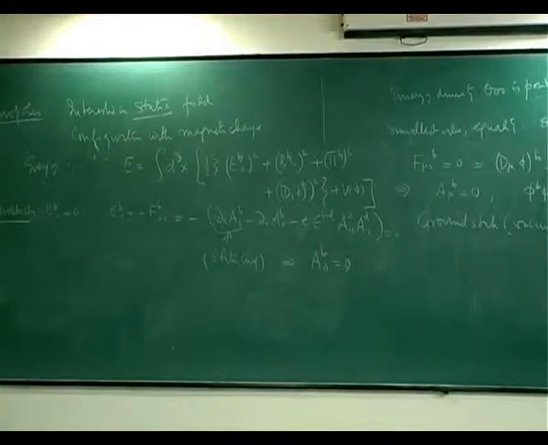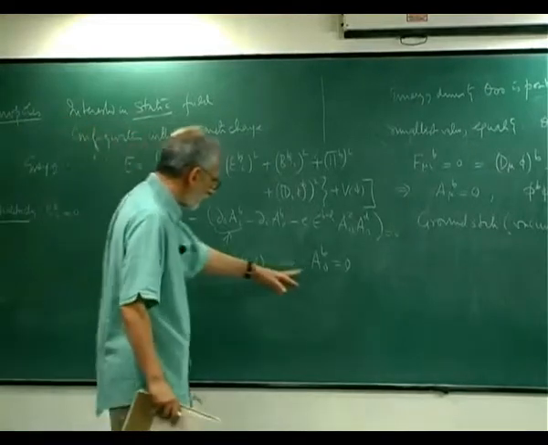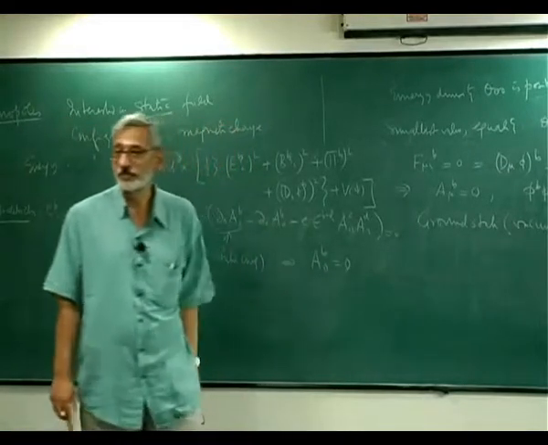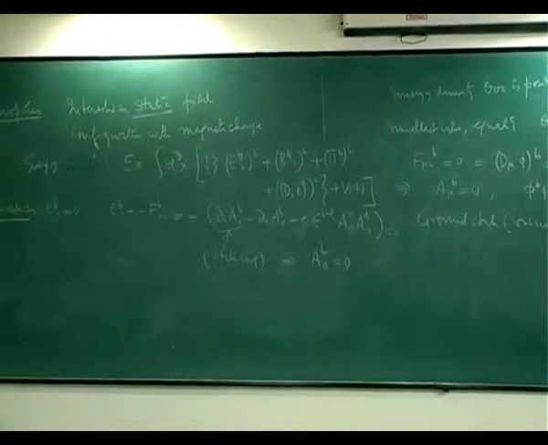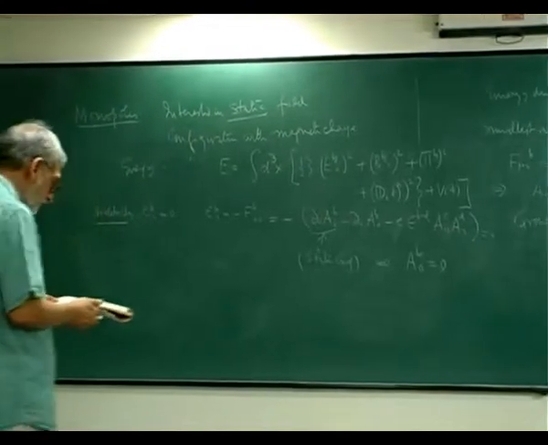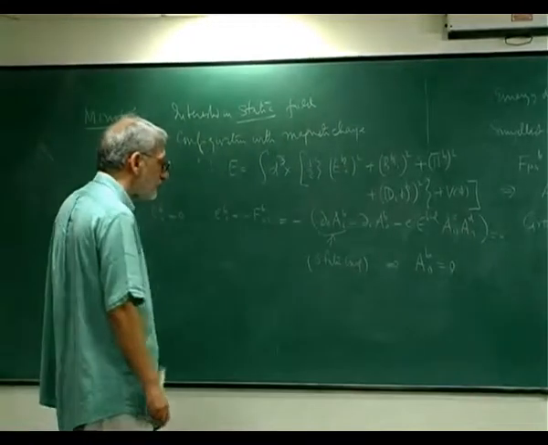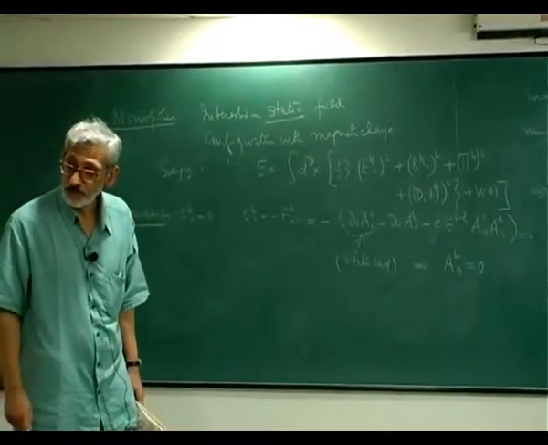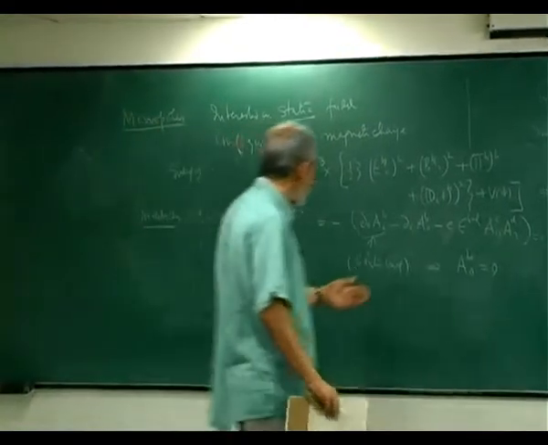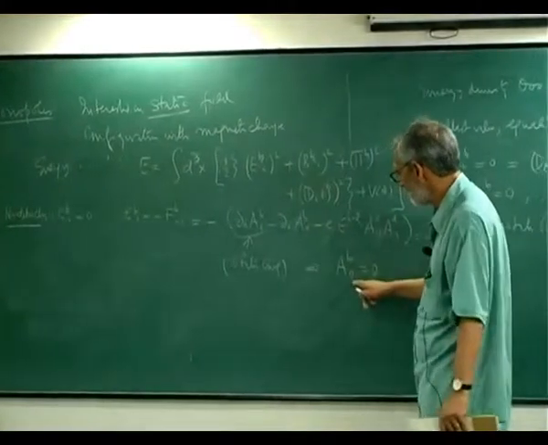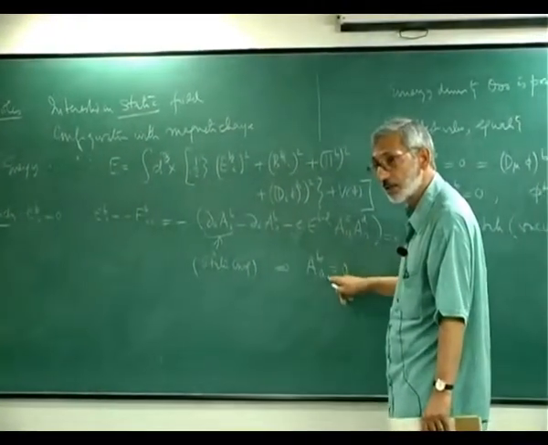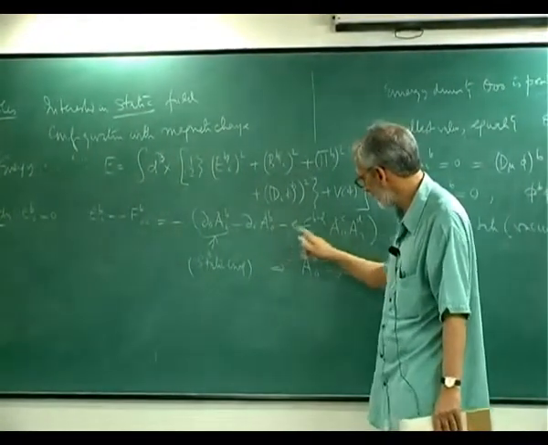So the time component of the gauge field is 0, so that this is 0 and this is 0. This is 0 if A_0 is 0, because A_0 is sitting in both these places.